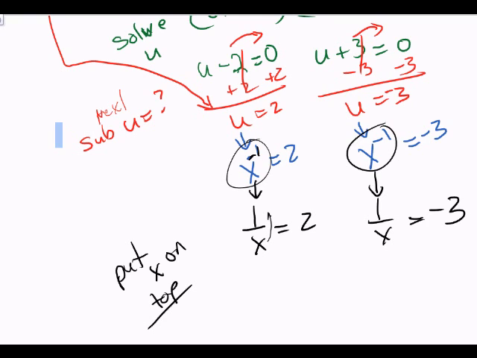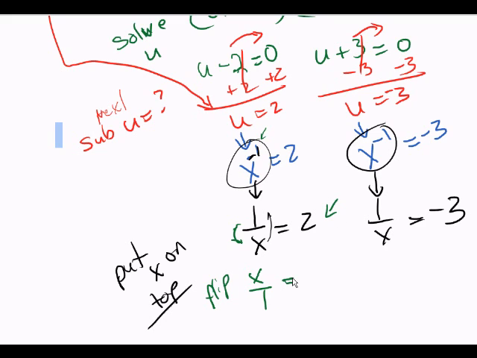Well, just to make it easy, flip it. See, this negative 1 says you're just flipping the x, and we did it. But if you flip it right now, watch what we do. If I flip 1 over x, I get x over 1.